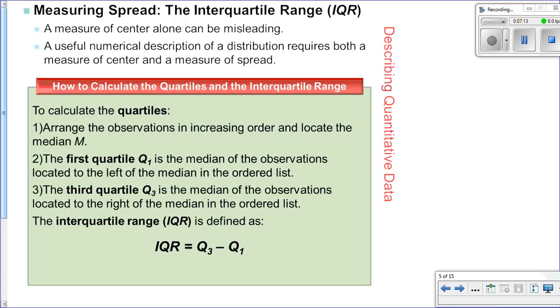Then you split it in half again. The middle of the bottom half is the first quartile. The middle of the top half is the third quartile. It's almost like you're finding the median of the bottom half and the median of the top half. Then if you subtract those values, Q3 minus Q1, you get your interquartile range.